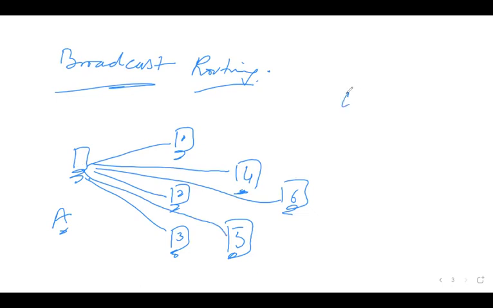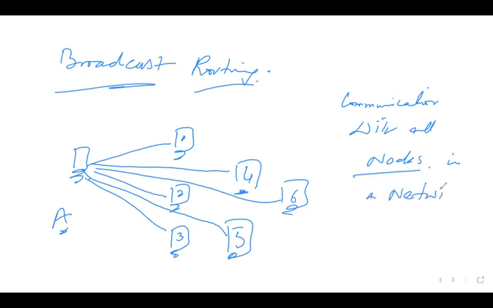So this is communication with all nodes, data delivery to all nodes in a network. This is called broadcast communication, in which all nodes are involved. There is no group of the same interest.